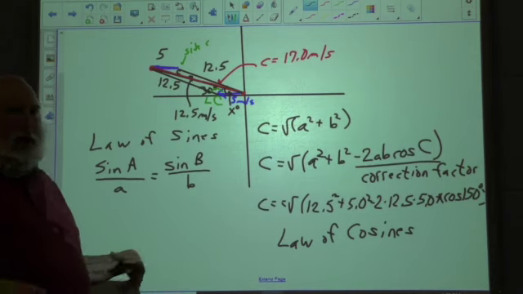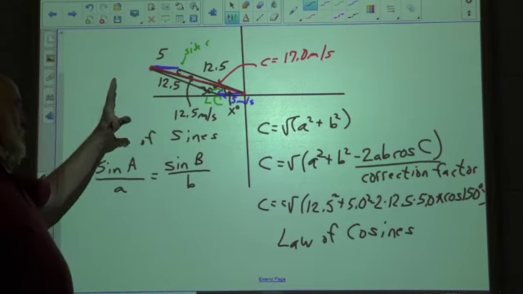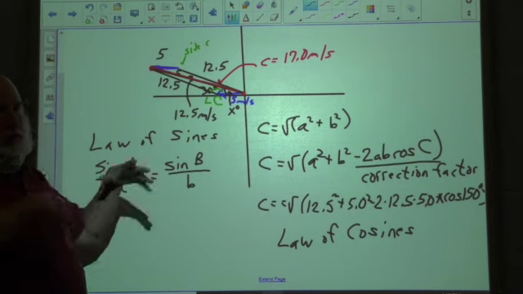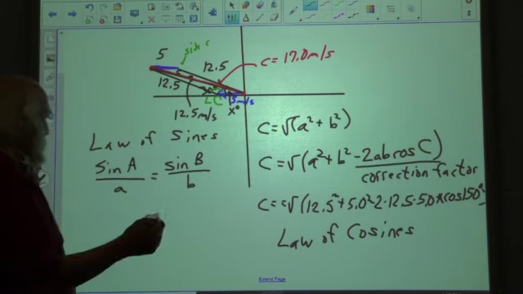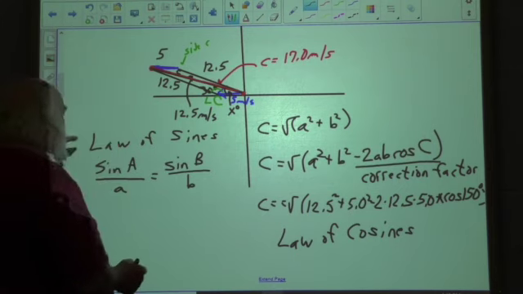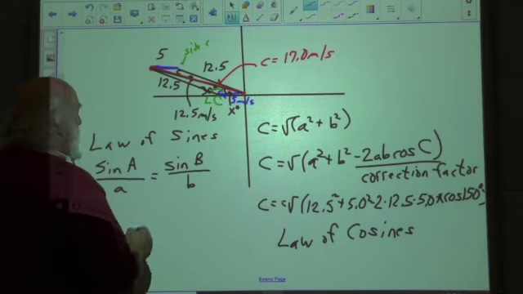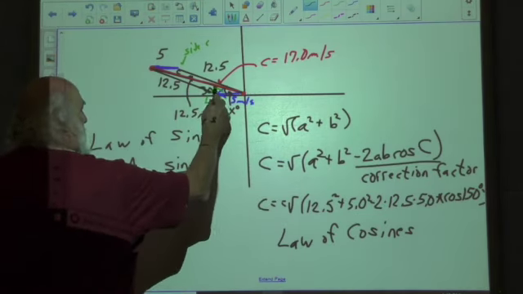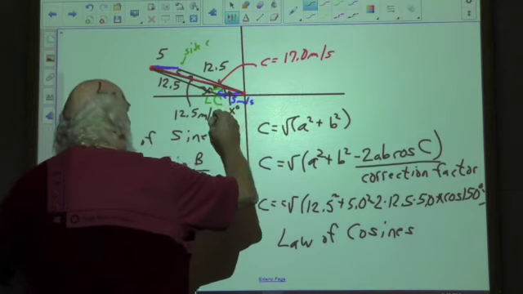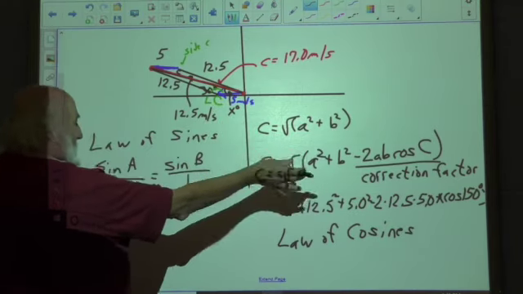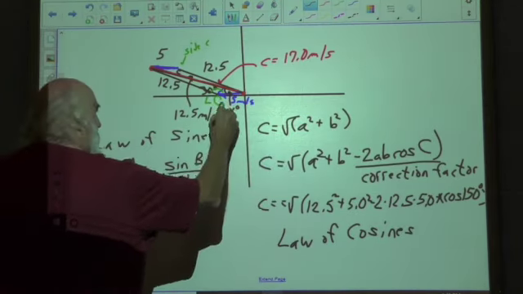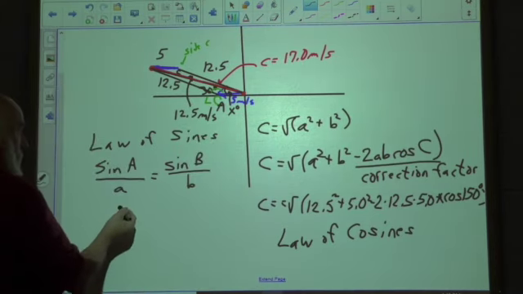There's no definitive ABC here, and there's no definitive AB here. They're just letters, they mean nothing. Okay, so the sine of angle A. We know that this angle right here, we're going to call that angle A now, instead of C like we did over here.